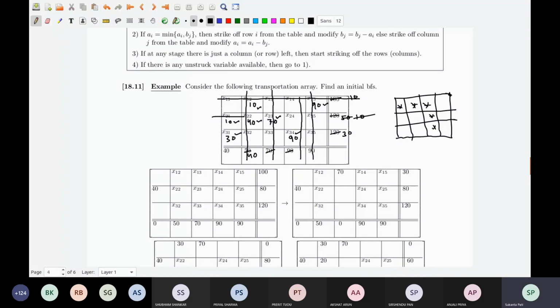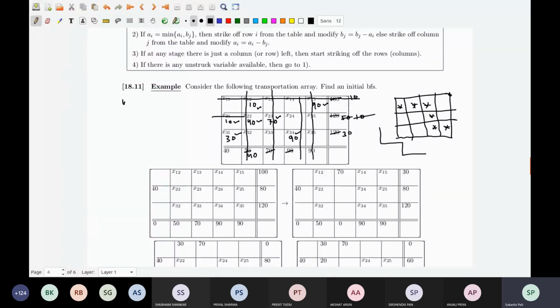Or it will even come down like this. So always you are preferring to select the northwest variable of the available ones. That's the northwest rule. It's very simple to apply here. For example, here it would have been 40 and 100, so I would have selected a 40 over there.